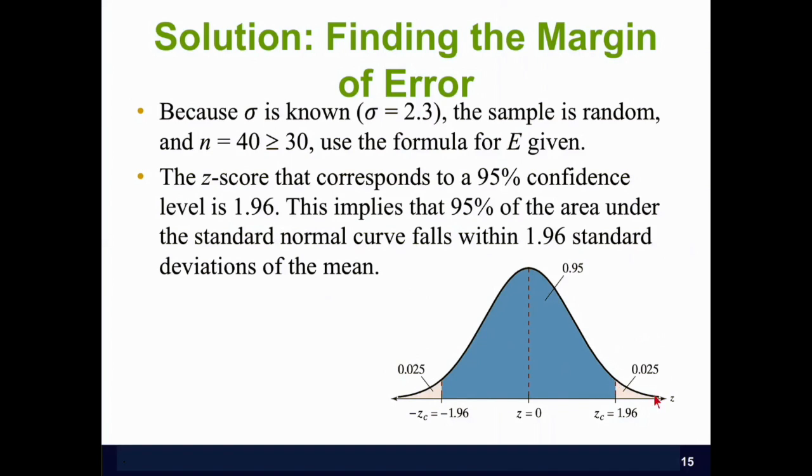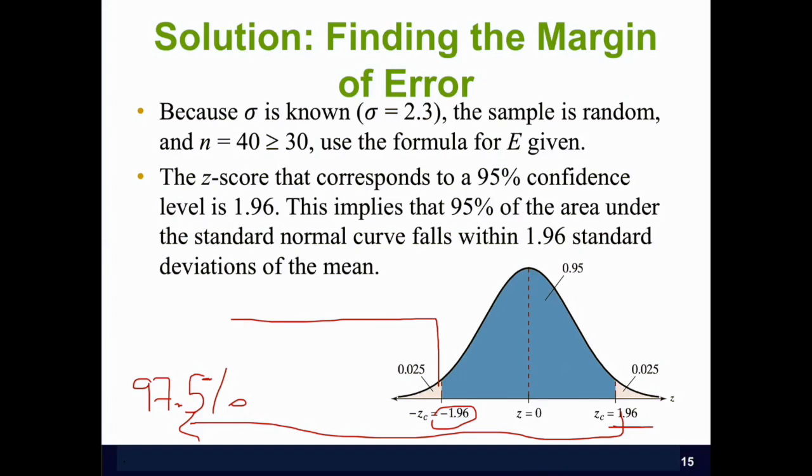Half of 5% is 2.5%, and therefore to find this value we go to the standard normal table and find the value so that the area to the left is 97.5%. If we go to the table, we find that value is 1.96. And to find this other value, we find the value so that the area to the left is 2.5%. So we put together this z-score here.